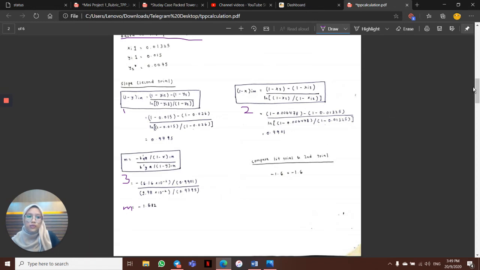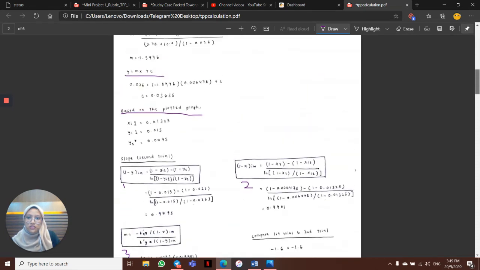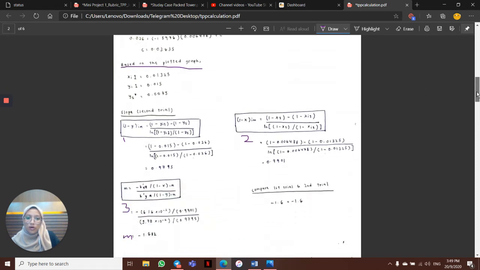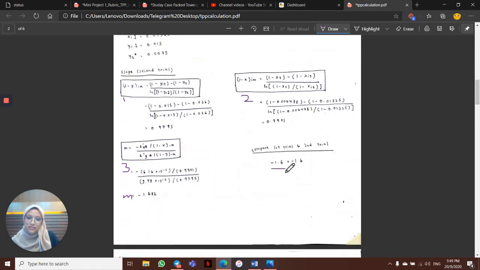Now what we need to do is compare the first trial and the second trial. The first trial we got negative 1.5976, or negative 1.6. For the second trial, we got negative 1.612, which is also negative 1.6.